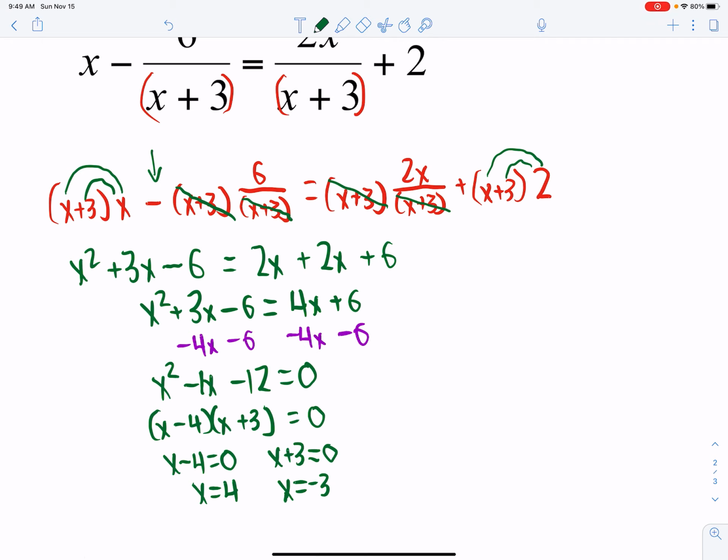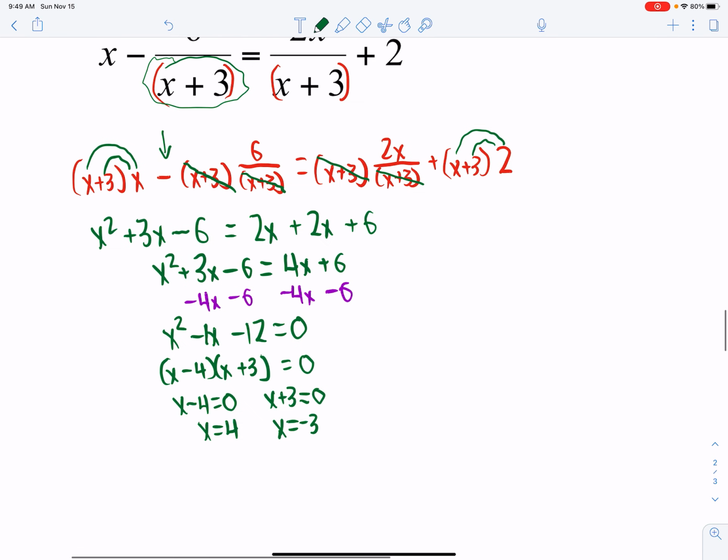The trick with this one is, as will often happen on some of these problems, you'll end up with one answer that's true and one that's false. We check those by looking at the bottoms of the fractions from the original problem. For 4, if you put in 4 for x, you get 7 on the bottom of the fraction. And that's fine. You can have 7 on the bottom of the fraction, so that answer is okay.